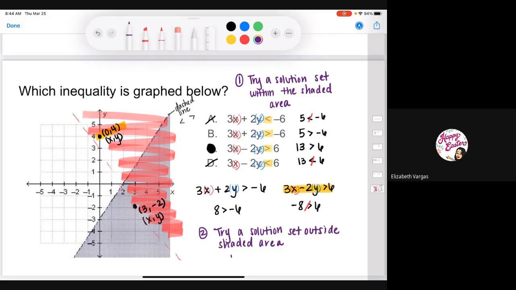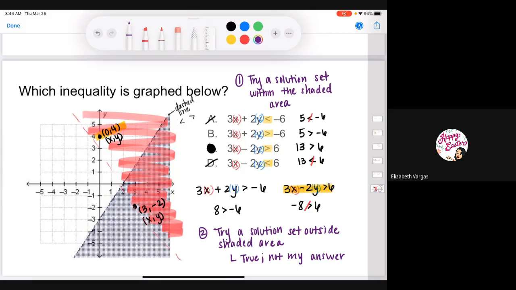And if I get an answer that is true, then that will not be my answer. I'm looking for one that is false, because if it's false, well then obviously all its solutions have to be within that shaded area. Okay. Any questions?